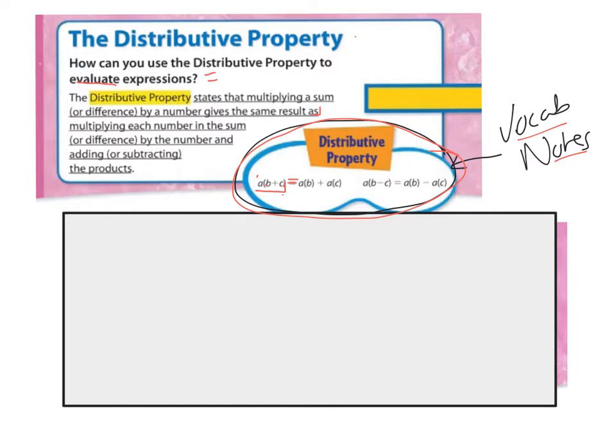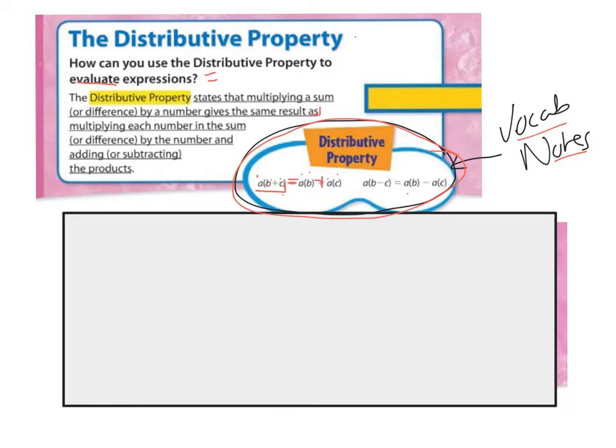So they're saying this side is the same as if you took a times b and then added together a times c, instead of just doing a times b plus c. And I would like you to write both of these examples right here in your vocab notes.